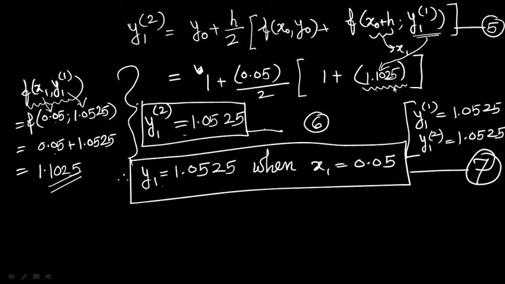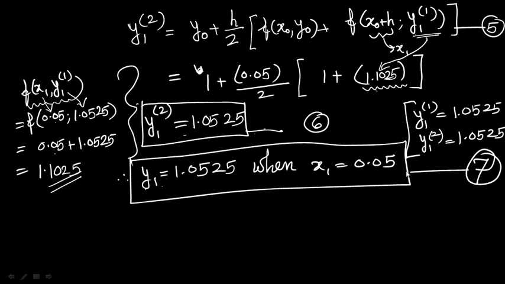We substitute this value in the last term of equation number 5, and then we get y1(2) equal to 1.0525. y1(1) is 1.0525 and y1(2) is also the same value. Therefore, we stop the iterations here and we get the final value of y1 when x1 equal to 0.05.